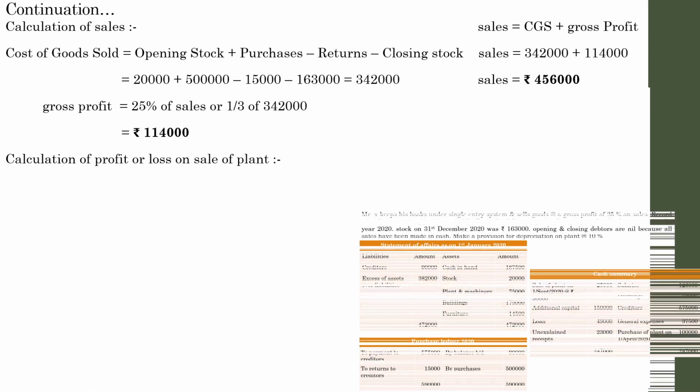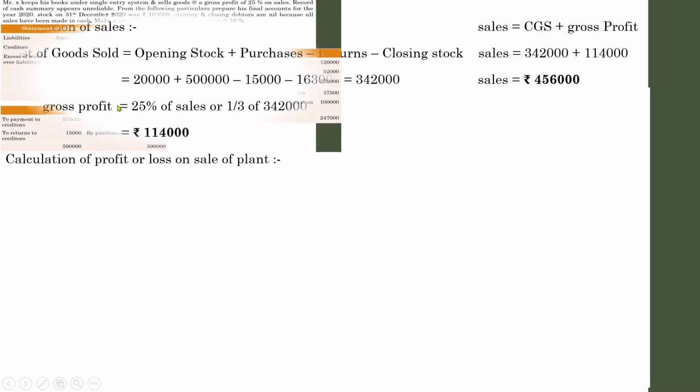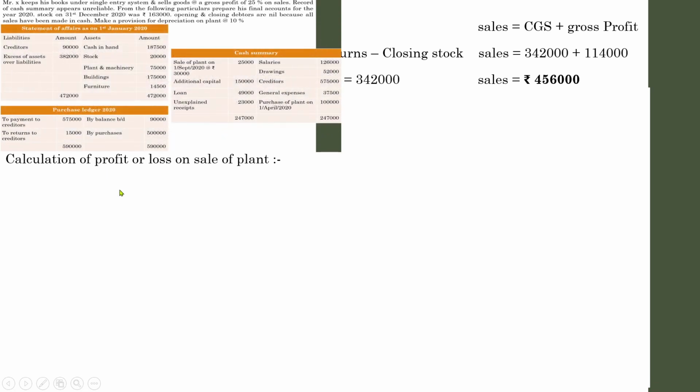First one, the copy of the question is here. The cost of the plant was 30,000. That is mentioned here. See, sale of the plant on 1 September 2020 at rupees 25,000. That means a 30,000 value asset was sold for 25,000.